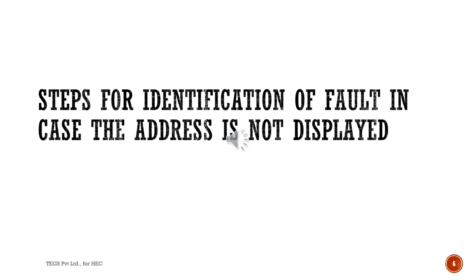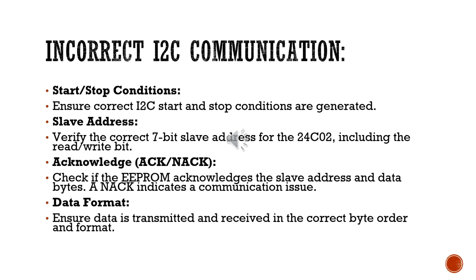Steps for identification of the fault in case the address is not displayed or a device not found message is flashed in the serial monitor. Incorrect I2C communication. 1. Start/stop conditions.